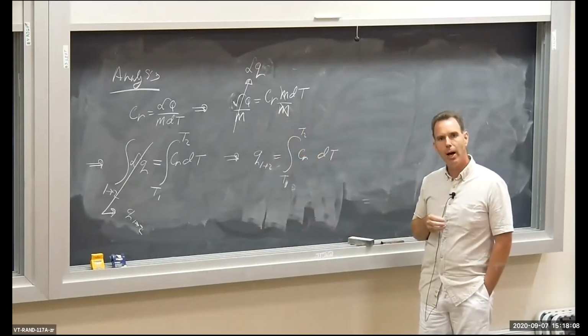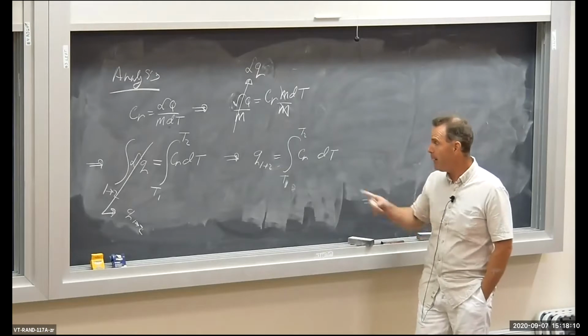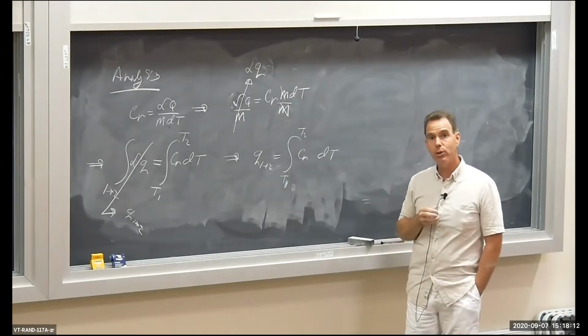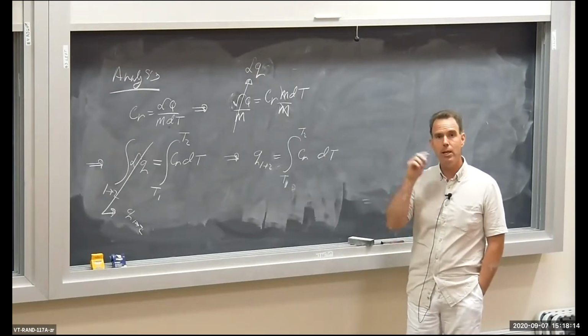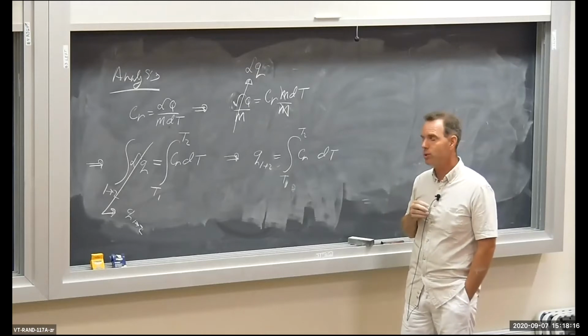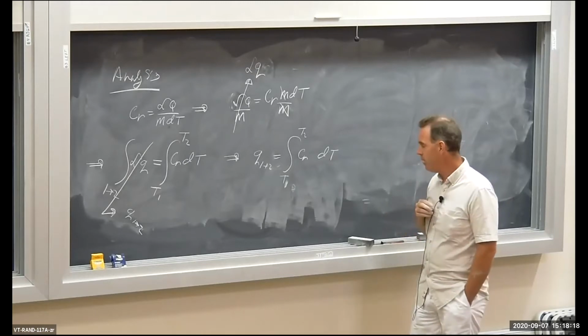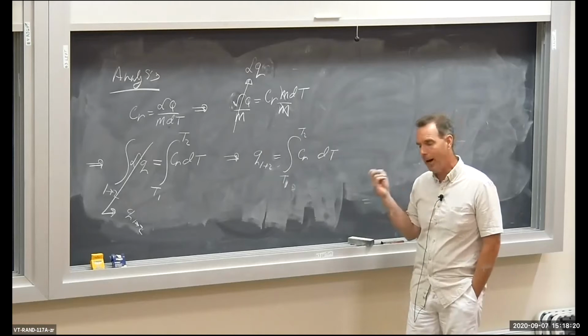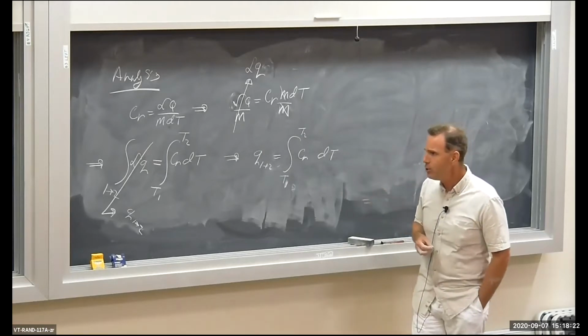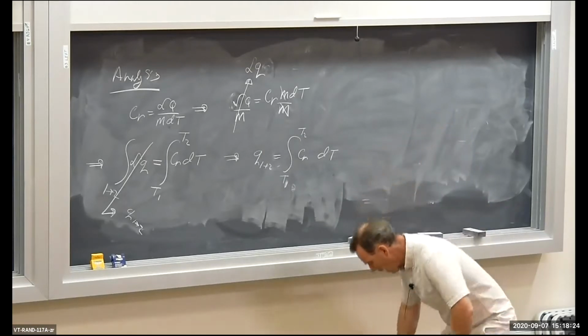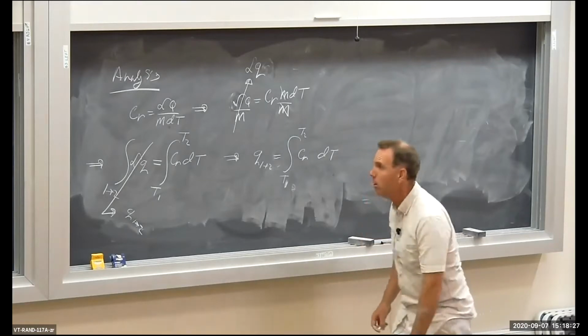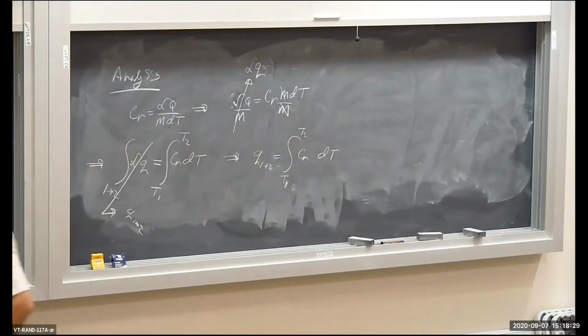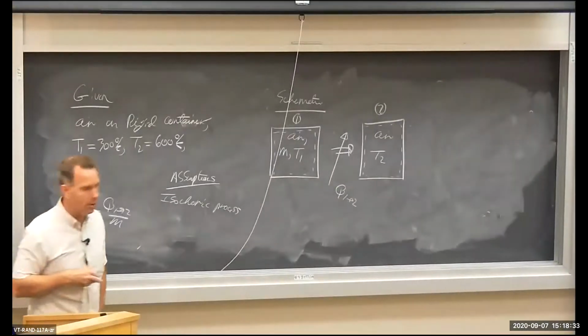Maybe I can assume ideal gas behavior, and then maybe Cv is a function of temperature alone, and then maybe I can show you some tables to extract Cv, and we can perhaps integrate this integral. Let's see if the ideal gas law is valid for our air.